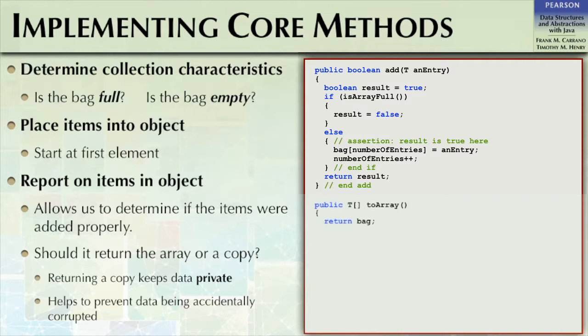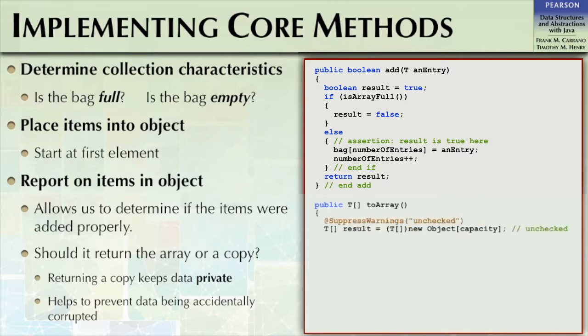Giving the client direct access to the array bag permits the client to change or remove elements. If the client does this, internal bookkeeping variables such as number of entries will not accurately reflect the number of items in the bag. This leads to what's called an internal inconsistency in the data structure. It destroys the integrity of the bag and can result in many hard-to-trace errors.